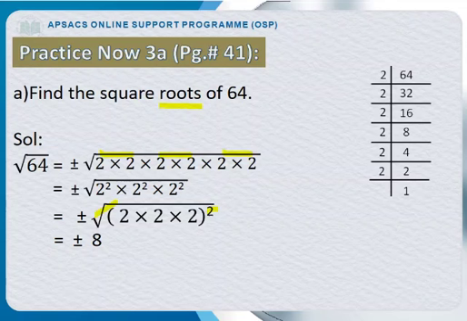So it will become 2 into 2 into 2 to the whole power 2. Now this square will cancel out this root. So it is vanished. Now you will multiply 2 into 2 into 2. 2 2's are 4, 4 2's are 8. Plus minus sign as it is. So our final answer is plus minus 8.